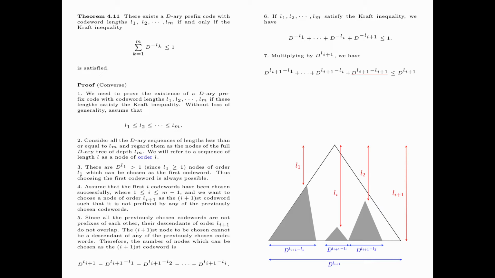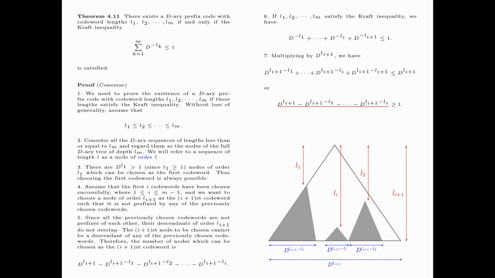Now, d to the power L_{i+1} minus L_{i+1} is just equal to 1. For the remaining terms on the left-hand side, upon moving them to the other side and rearranging the terms, we have d to the power L_{i+1} minus d to the power L_{i+1} minus L1 minus all the way to d to the power L_{i+1} minus Li greater than or equal to 1.